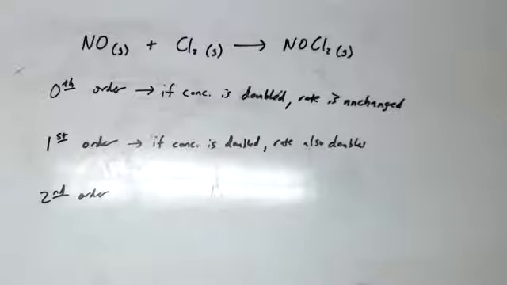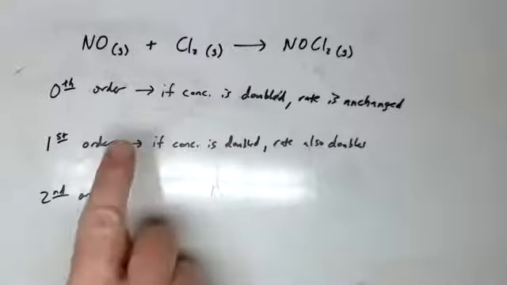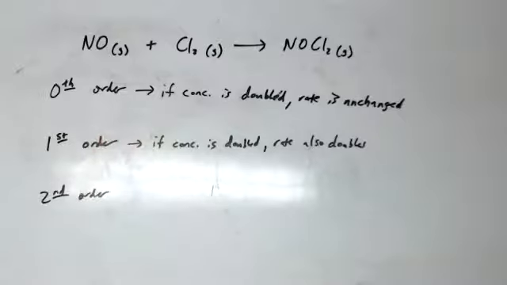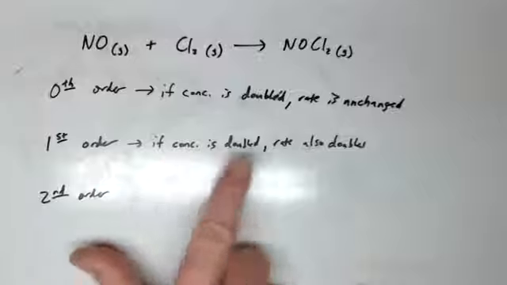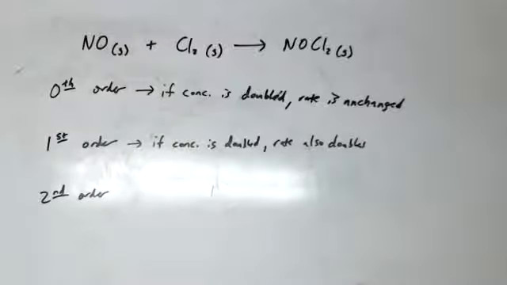And it doesn't have to be doubled, so if you tripled the concentration, the rate would still be unchanged. So this seems to violate what I was talking about with the collision theory, but I'll talk a little bit later, actually in our next lecture, about exactly why this is possible. So generally speaking, if you double the concentration, rate will also double. But it is possible for rate to be unaffected by concentration in certain circumstances.